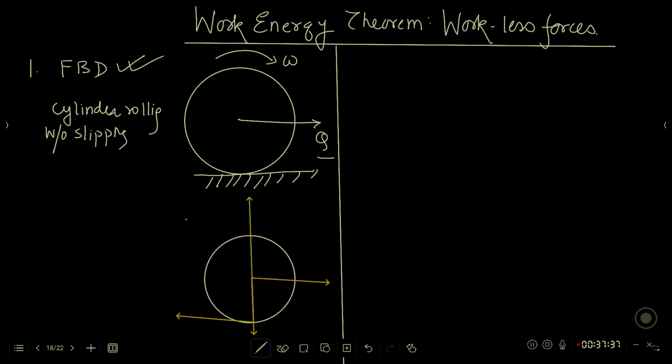So this is the normal reaction, this is the force vector Q acting on it, this is the center, and then there is mg acting like this, and then there is the friction force.